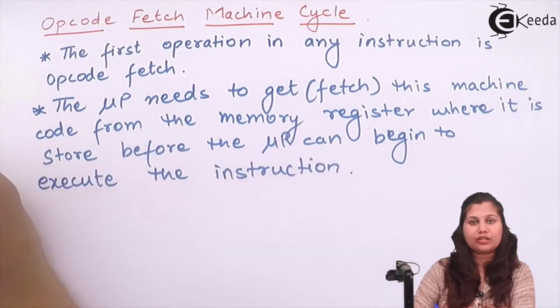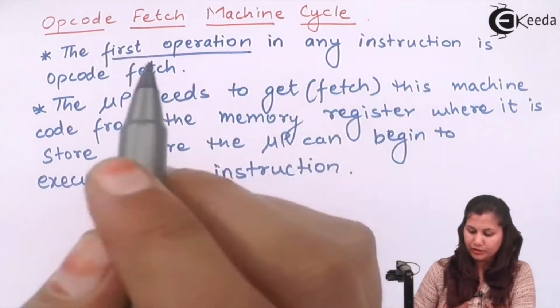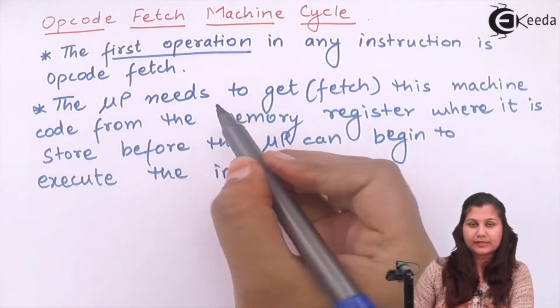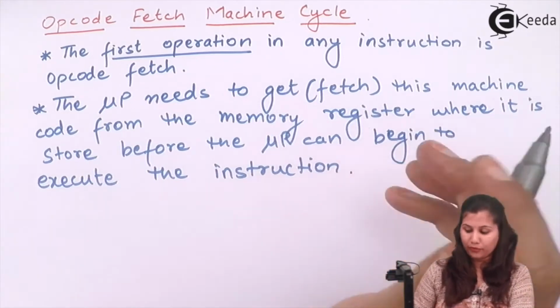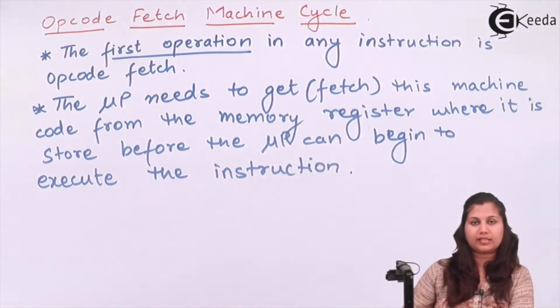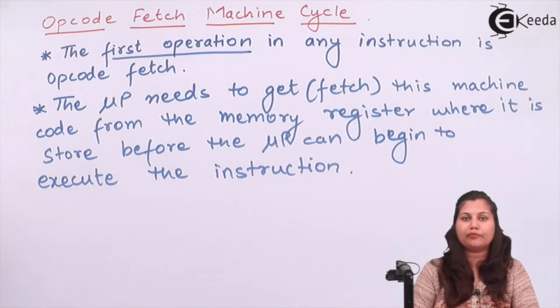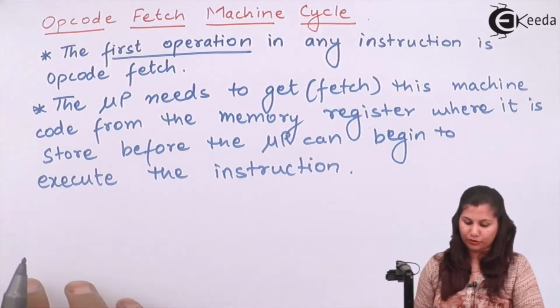So opcode fetching is the first operation, and the microprocessor needs to fetch the opcode which is stored in the memory before it starts any type of execution of the instruction.